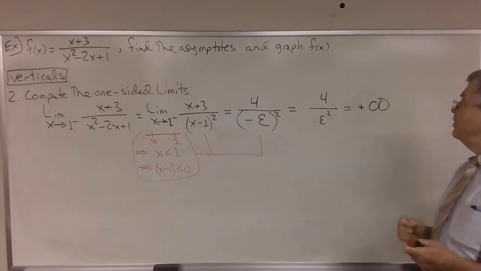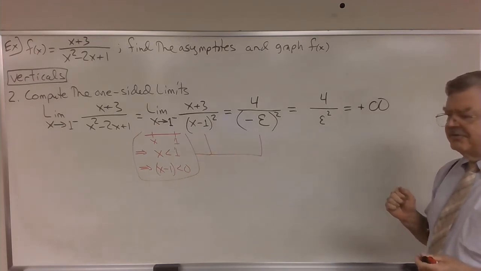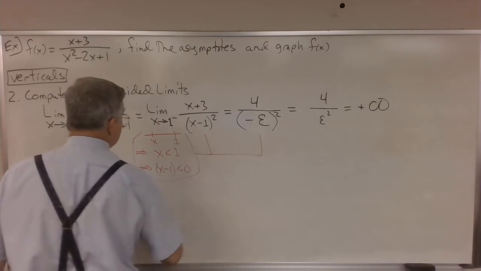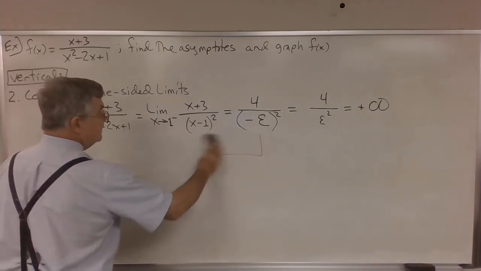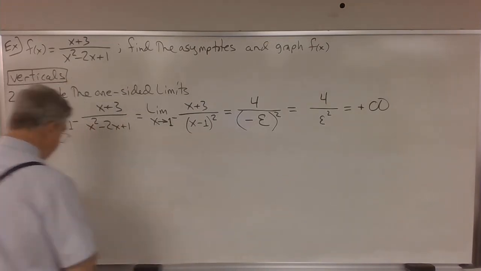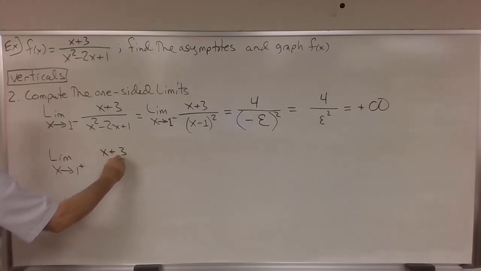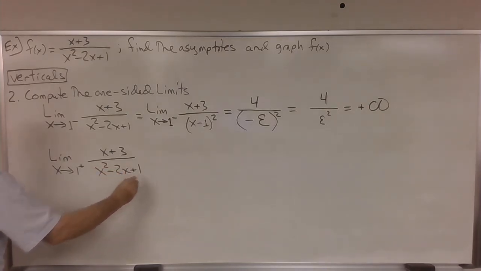Now, we have to do the other one-sided limit as well. And I'll erase some of this just to make room for the other one-sided limit. Limit as x approaches 1 from the right of x plus 3 over x squared minus 2x plus 1.